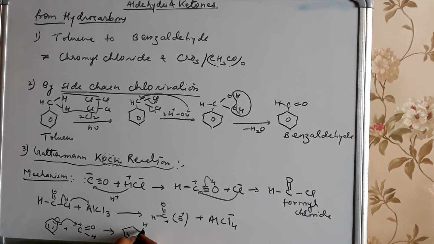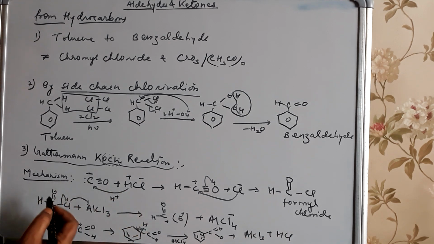See here, hydrogen is already present here and the CHO group is present, and there is removal of H plus from here, and this H plus is gained by AlCl4 minus and the formation of benzaldehyde takes place along with AlCl3 and HCl.